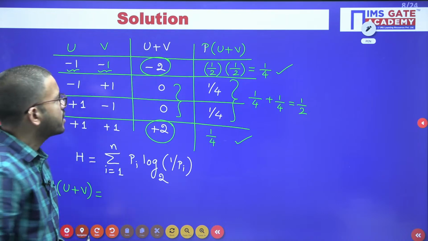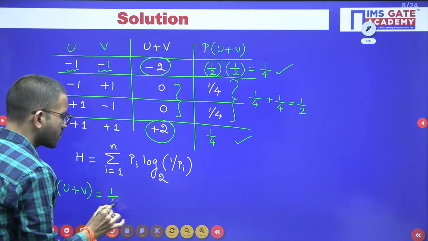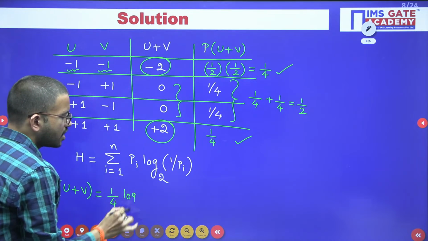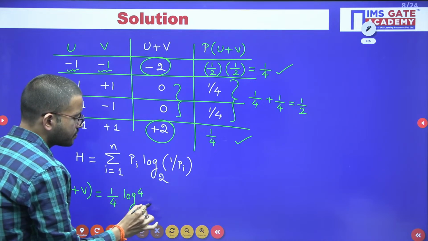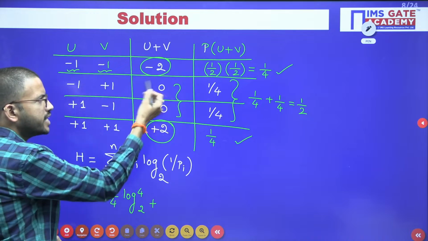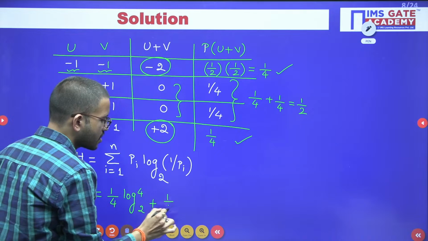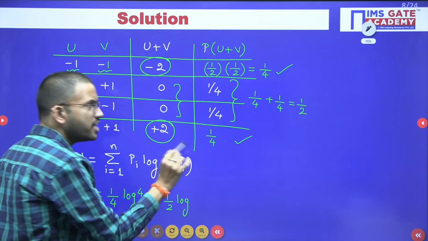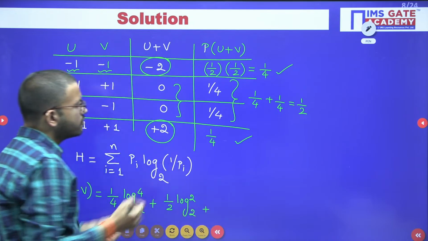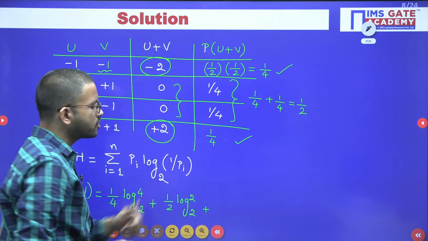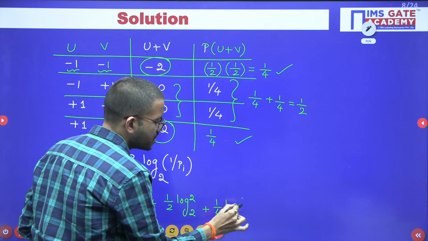For -2, the probability is 1 by 4, log 1 by 1 by 4 is nothing but log 4 base 2, plus for 0 the probability is 1 by 2, log 1 by 1 by 2 is nothing but log 2 base 2. Similarly for +2 the probability is 1 by 4, log 4 base 2.